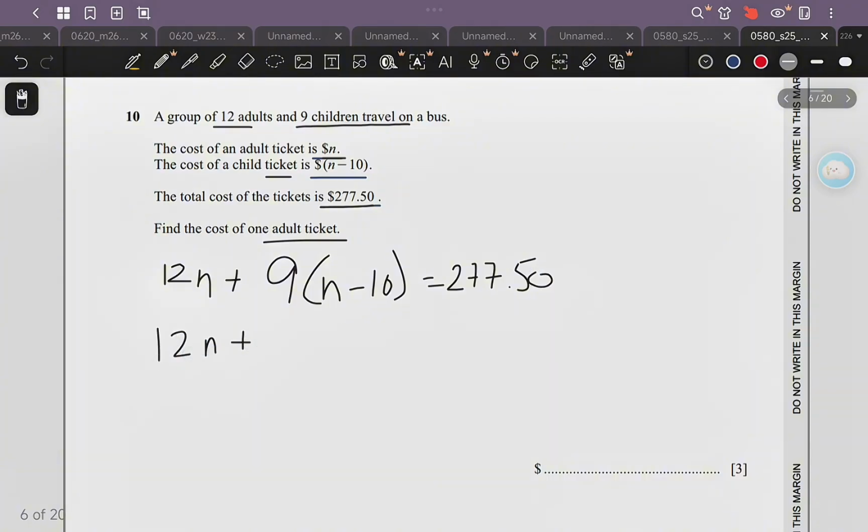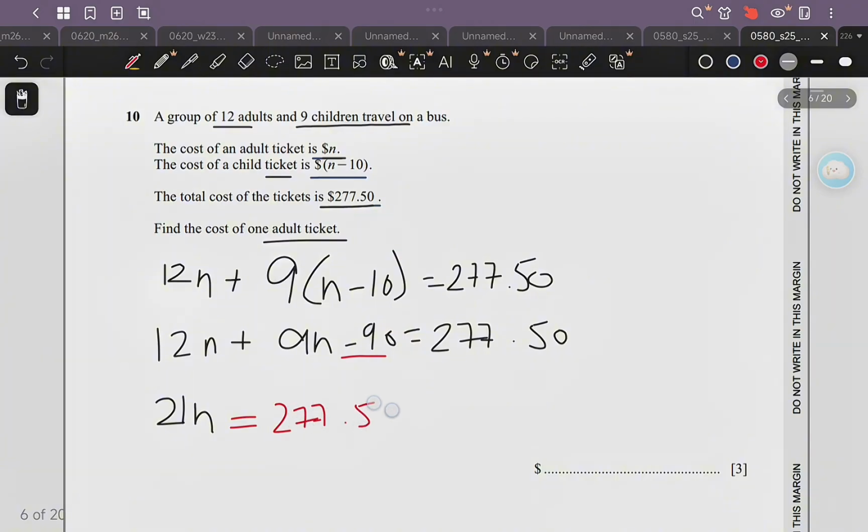We will open up the bracket, 9n minus 90, equals 277.50. This will be 12n plus 9n, which will become 21n, and the minus 90 will move to the other side, which will become 277.50 plus 90.